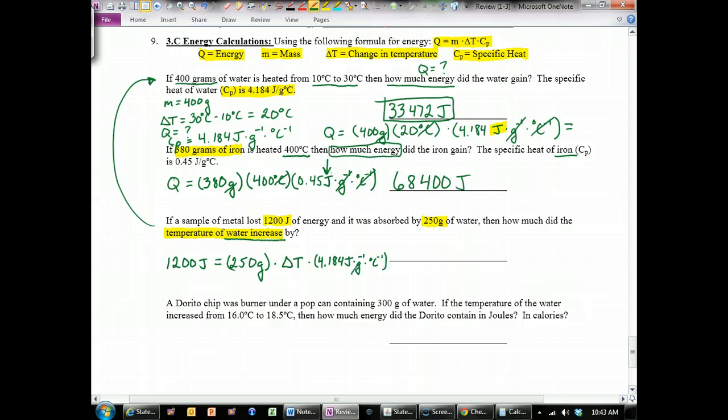And this time the grams cancel, and we're going to have to do some algebra to get delta T by itself. To get it by itself, we've got to divide both sides by 250 grams, and we also have to divide both sides by the 4.184.